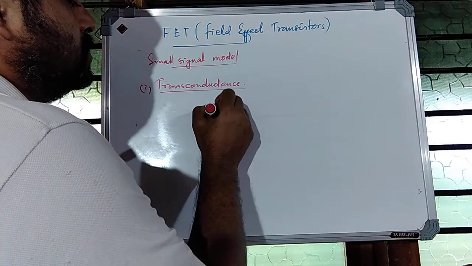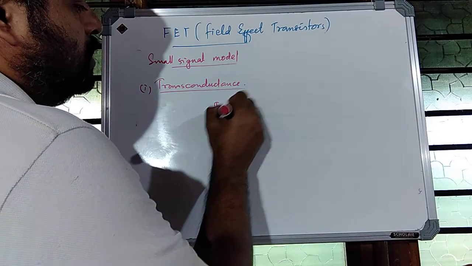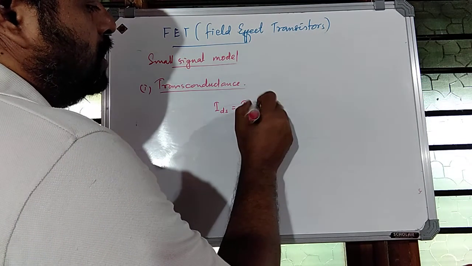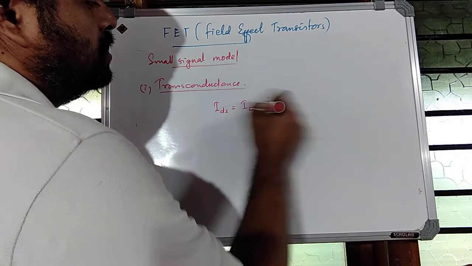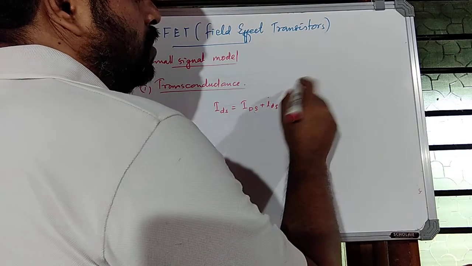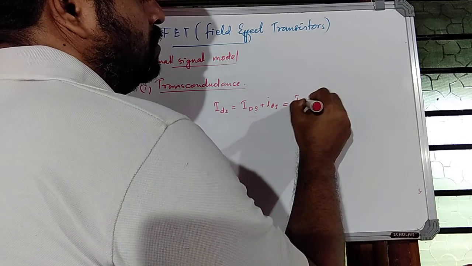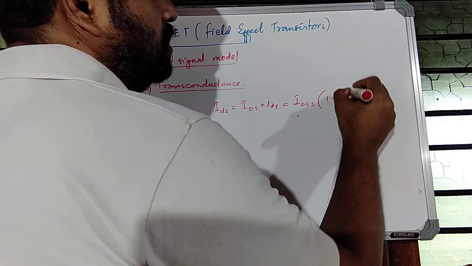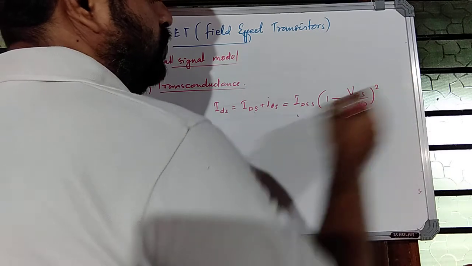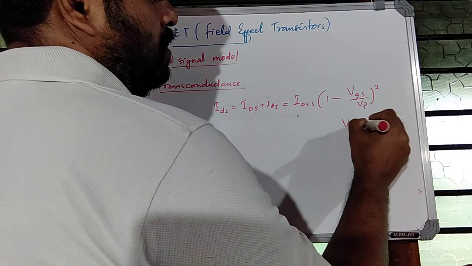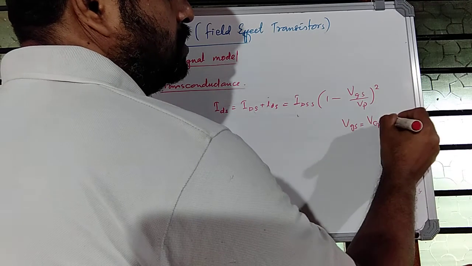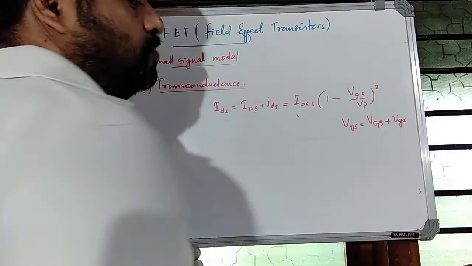This parameter, we know that the output current IDS is equal to the DC current plus small signal ids, equal to IDSS into 1 minus VGS by Vp the whole square, where VGS is the DC component plus the small signal term.